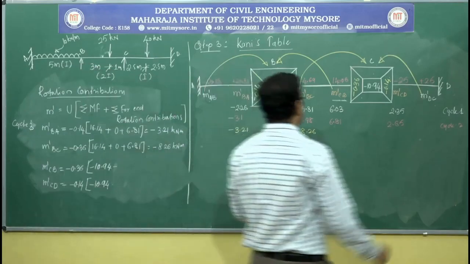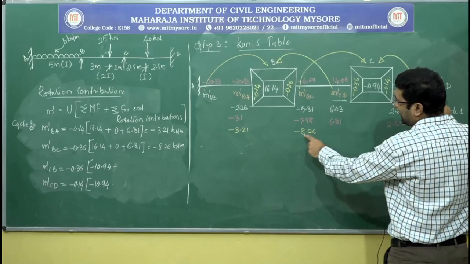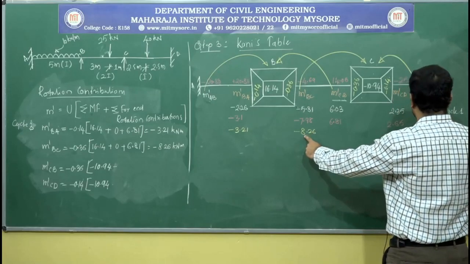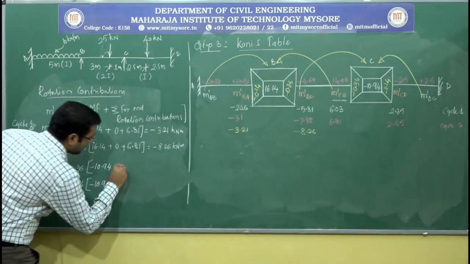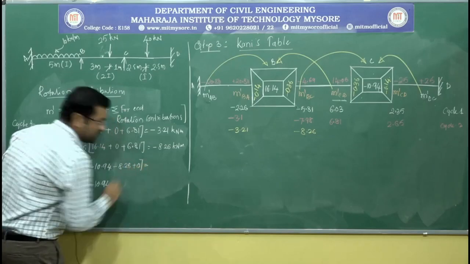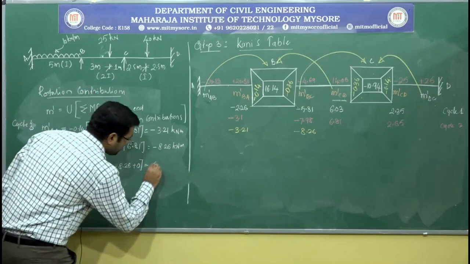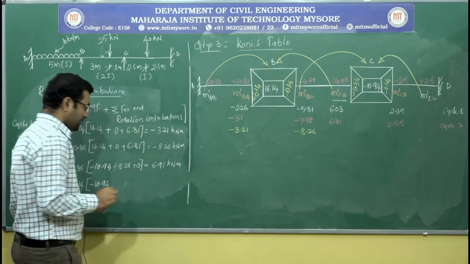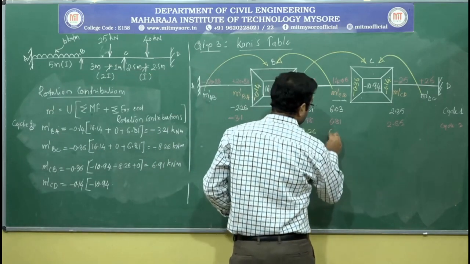here the far end rotation contribution, that is these two values. So in this cycle it is this value, that is minus 8.26 and 0, minus 8.26 plus 0, that gives you a value of 6.91 kilonewton meter, 6.91.